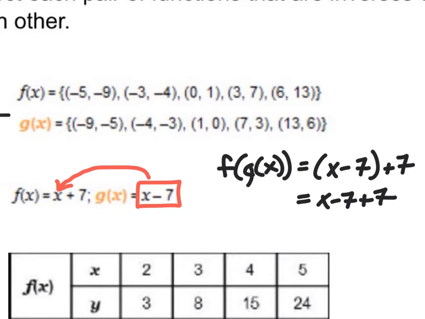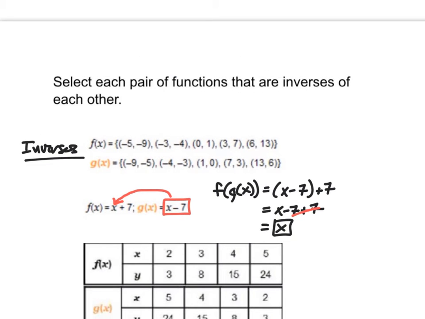These cancel out and add to 0, so I just get the value of x. And remember from the last page, if you do a composite function on two functions and they're inverses, you will always get x. So these are inverses.